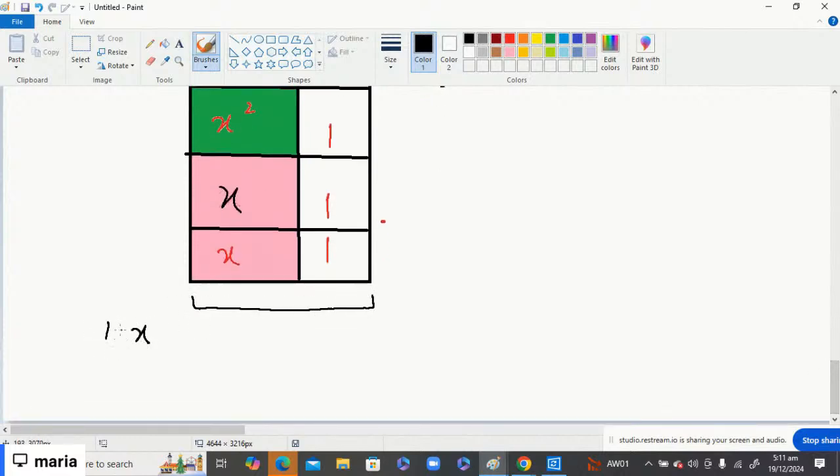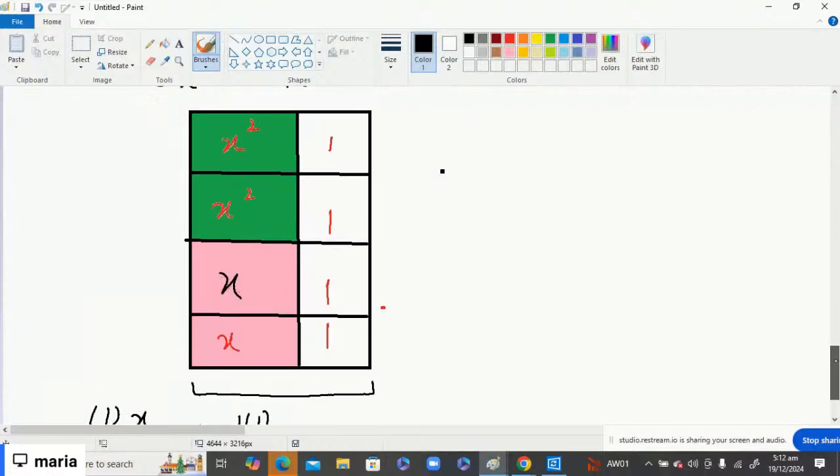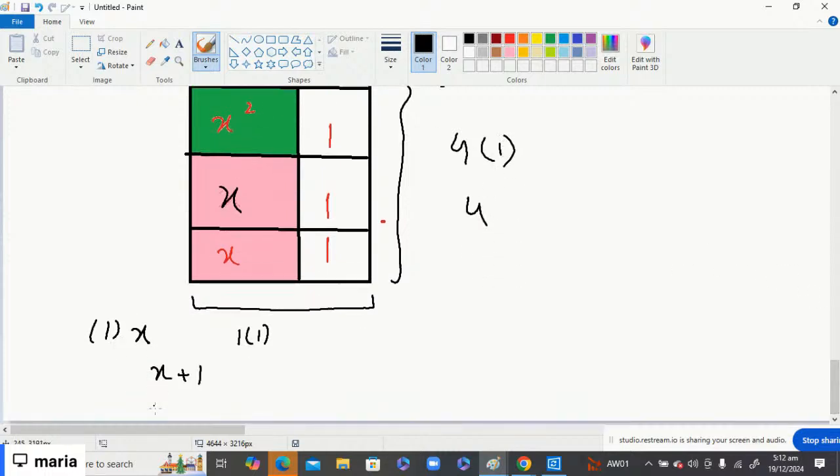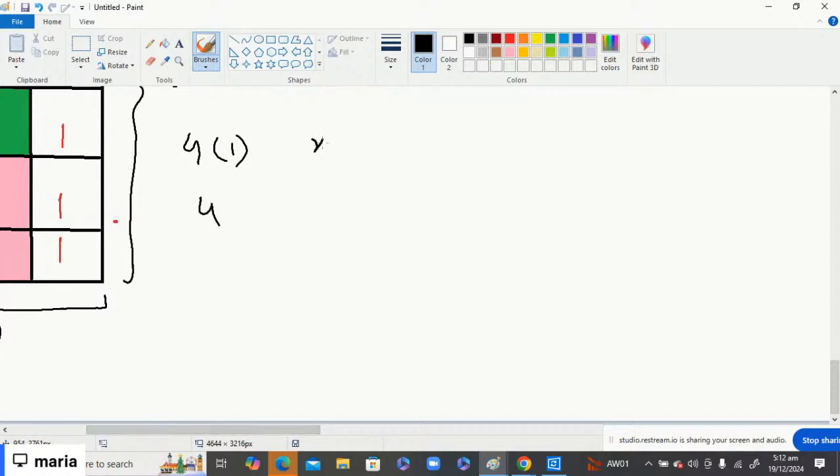There is 1x and there is 1, so this becomes x plus 1. Now for the other side, how many ones are there? 4, so this is only 4. Multiplying x plus 1 with 4. Sorry about that.